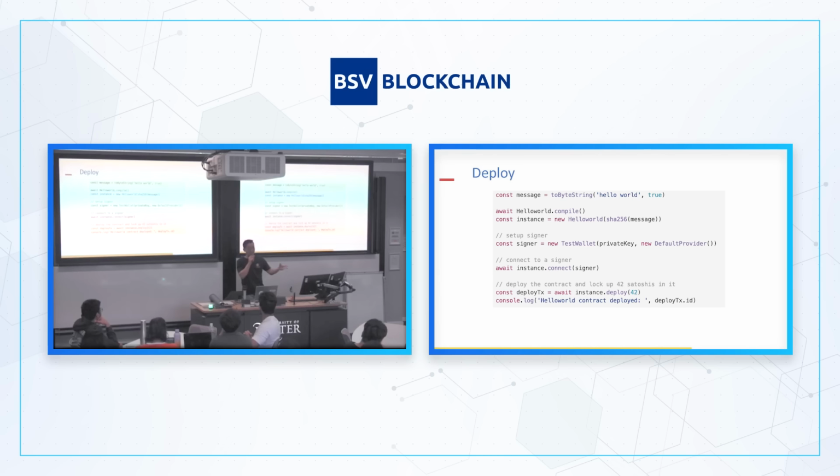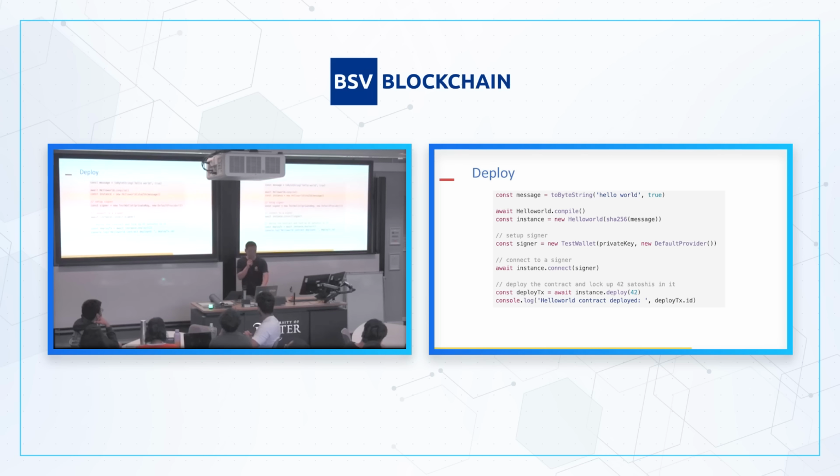It essentially compiles, as the name suggests, the TypeScript, sCrypt, into the Bitcoin script we talked about yesterday. So before you do anything else, just always do that first. You don't have to care how it's done, you just call it. And once you've done that, now we have an instance, so we can set up a signer, okay?